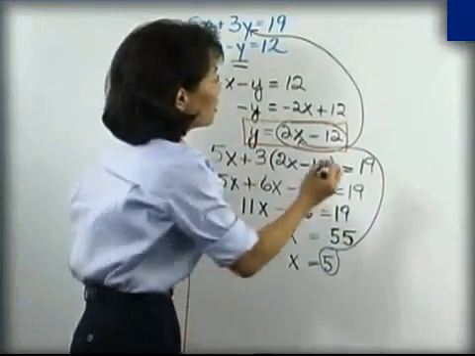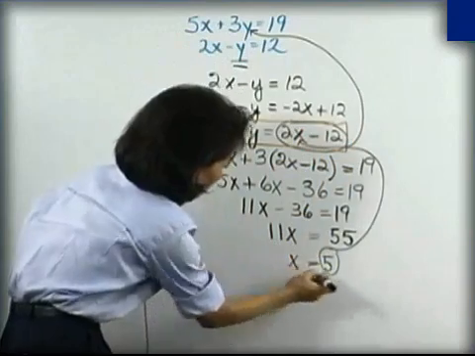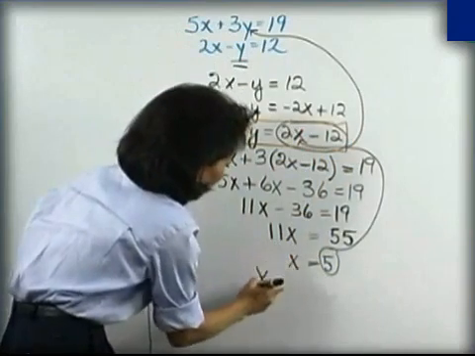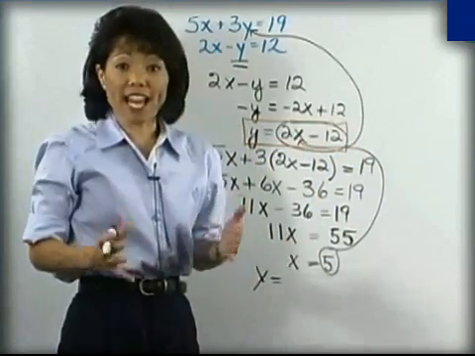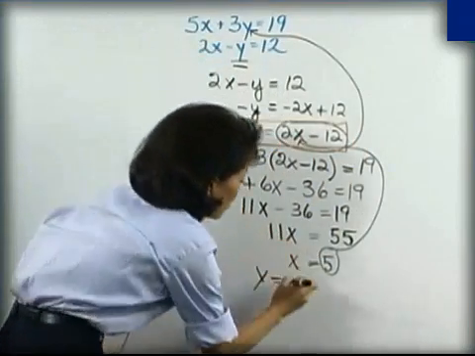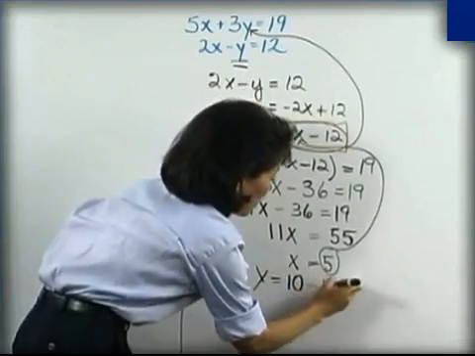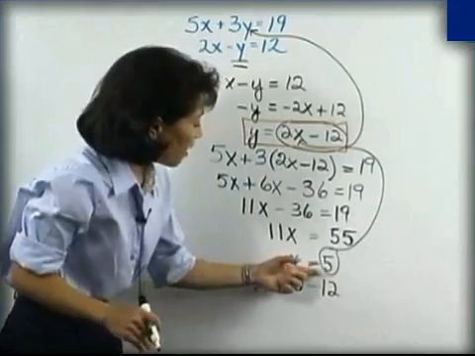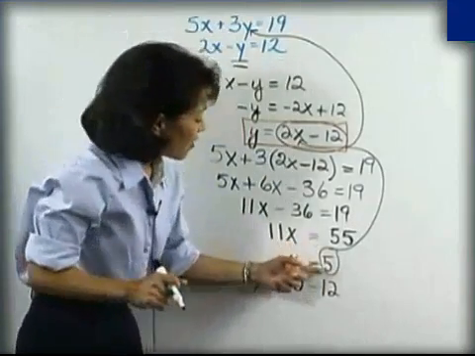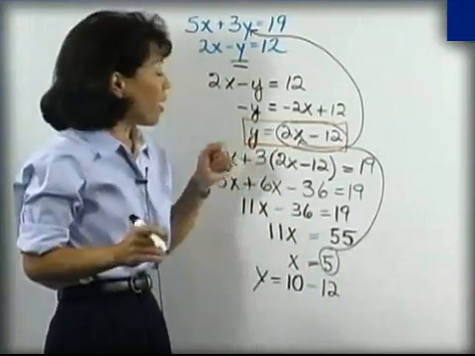When we do, we can write this right below the x here. Y is equal to 2 times x, but x is 5. 2 times 5 is 10 minus 12. Let's do that one more time so you follow carefully. X is equal to 5. Since x is equal to 5, we need to find the value of y.